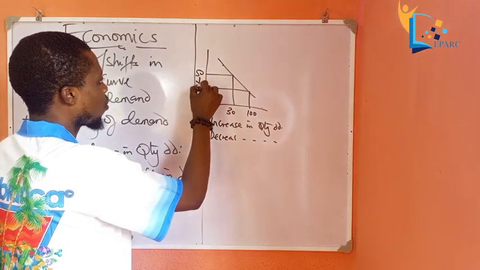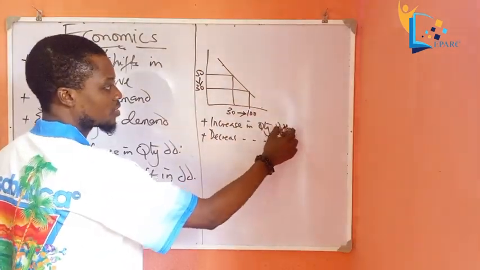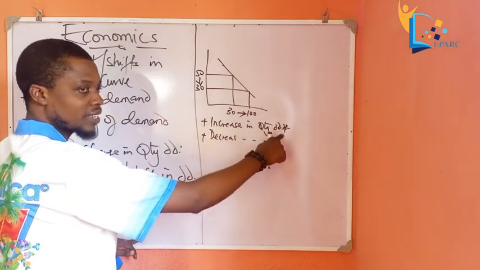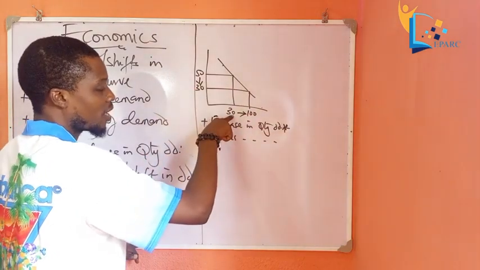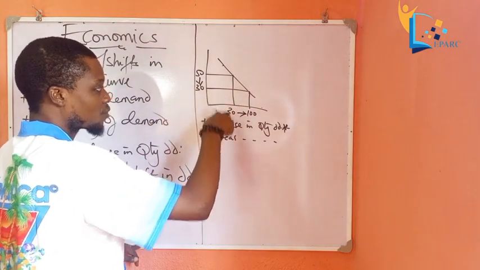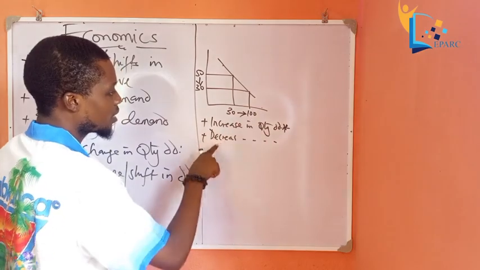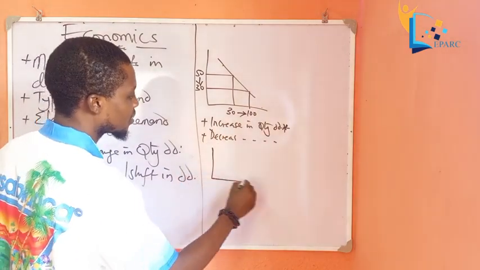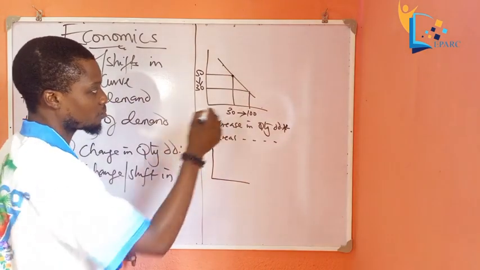So when there is a fall in price, there is an increase in quantity demanded.